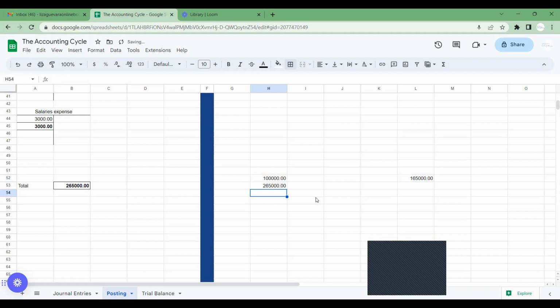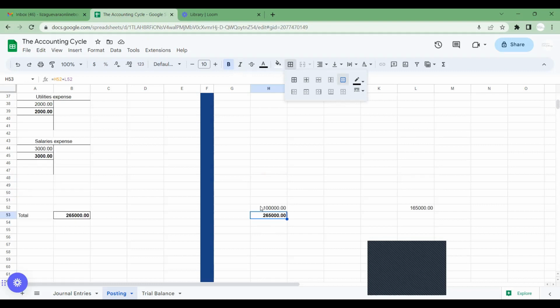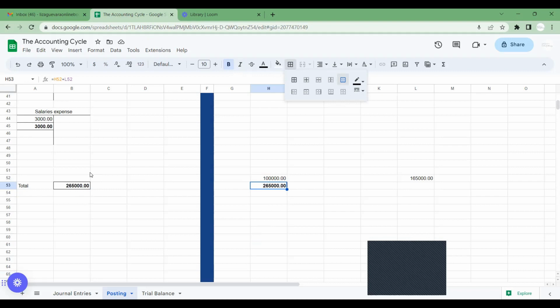So our ledger is balanced. After this, we are now going to prepare our trial balance. So remember that your debits should total all your credits.